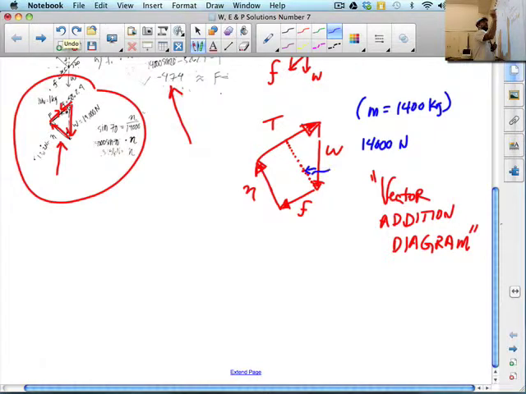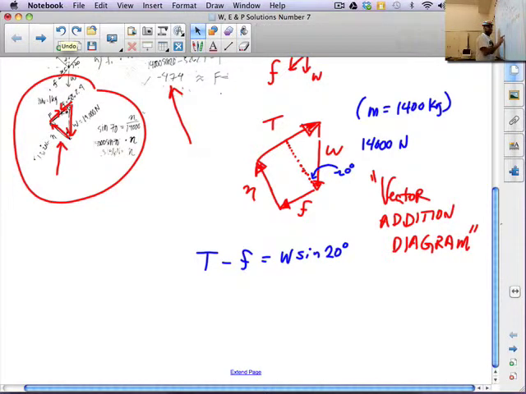So that angle there is going to also be 20 degrees. So I'll put a little arrow there and write 20 degrees. And that means that, just worrying about the lengths of these, the length of tension minus the magnitude of my friction should be equal to W sine 20 degrees, right?